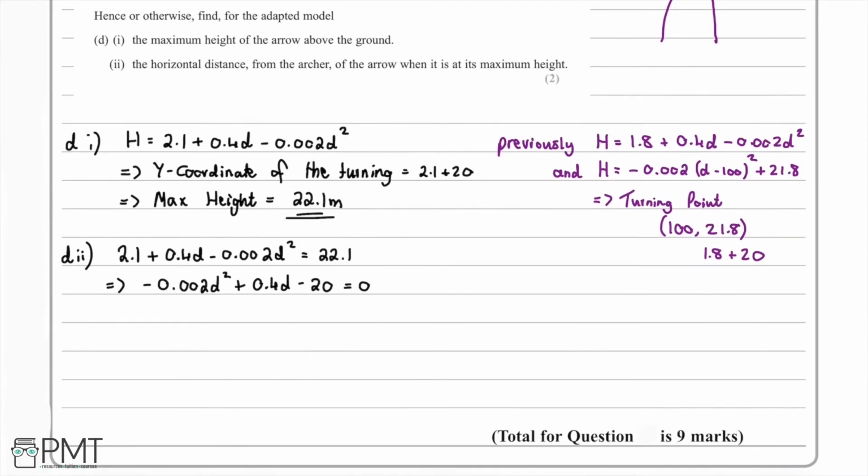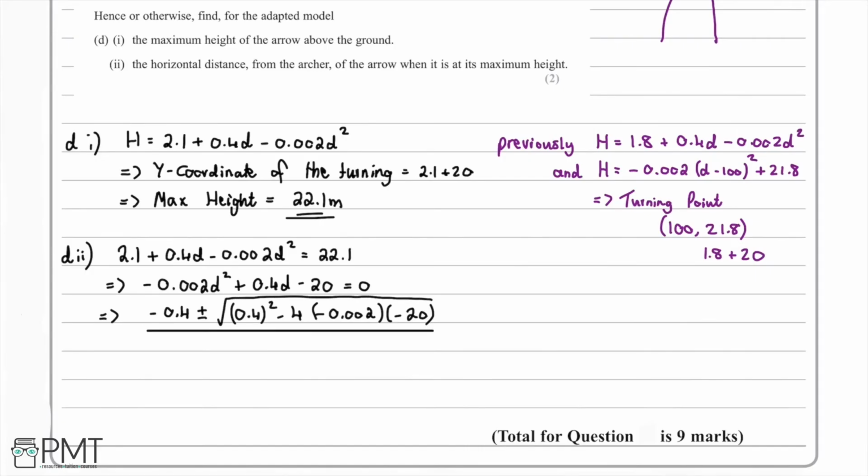So we can now use the quadratic formula, and we'll have negative 0.4 plus or minus the square root of 0.4 squared minus 4 lots of negative 0.002 multiplied by negative 20, and we put our square root in, and then we're going to divide all of this by 2 lots of negative 0.002.